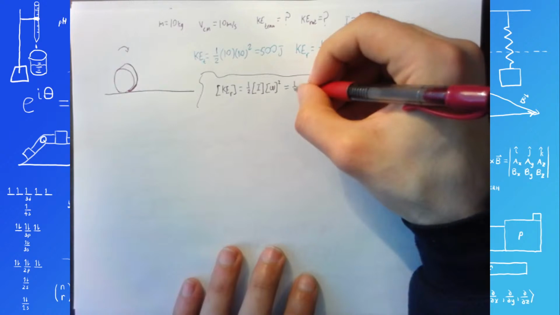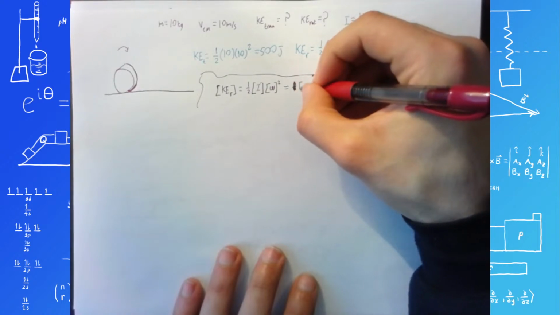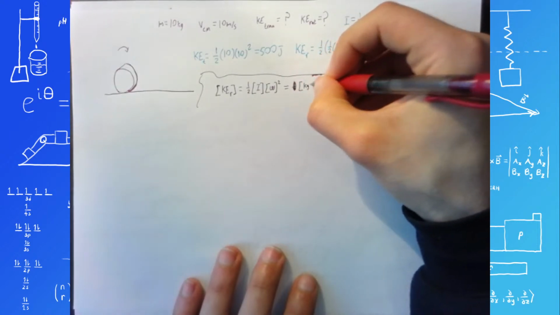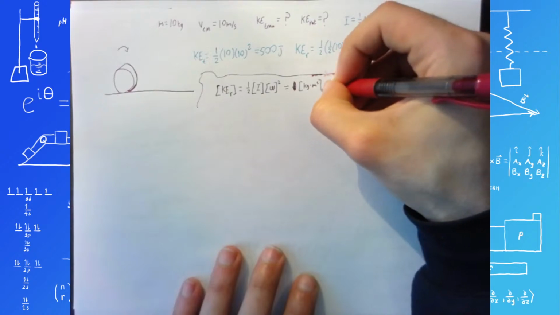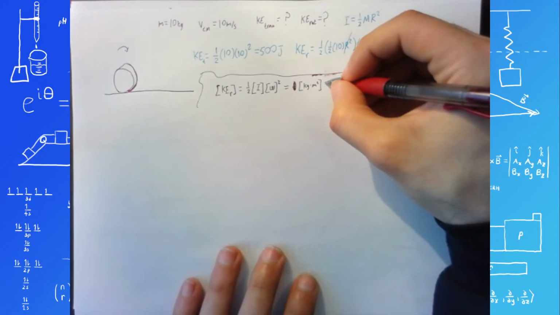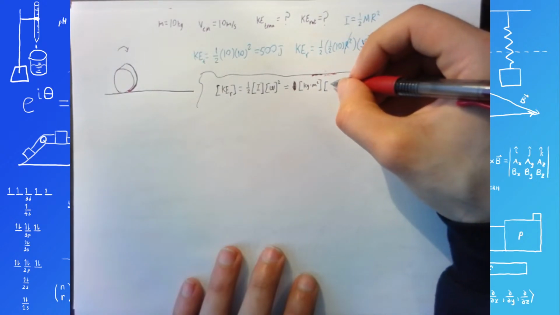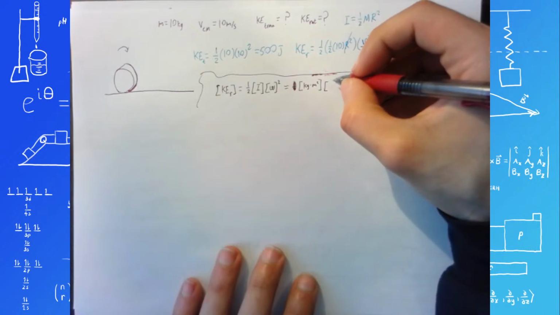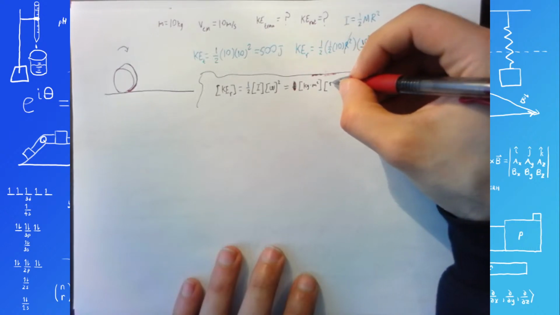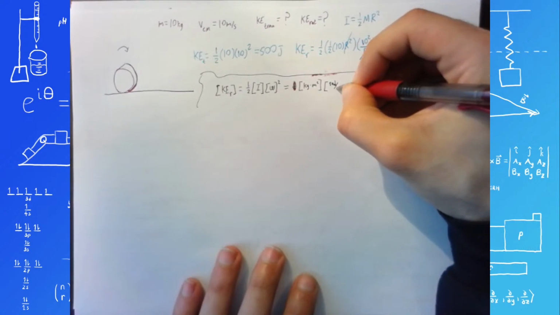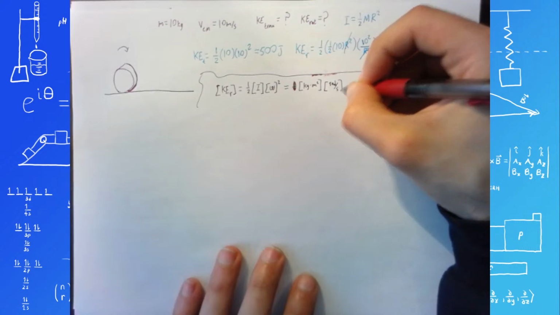And then units of angular velocity is radians per second. The radians aren't true units. Remember that.